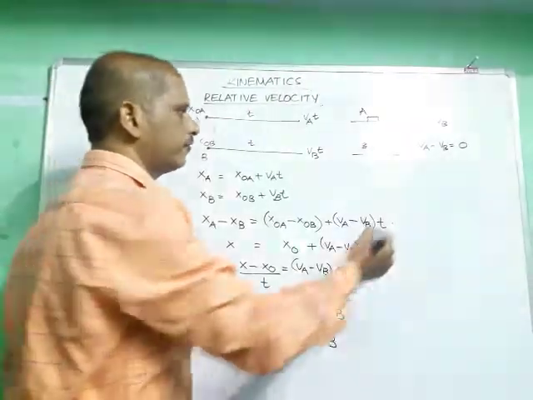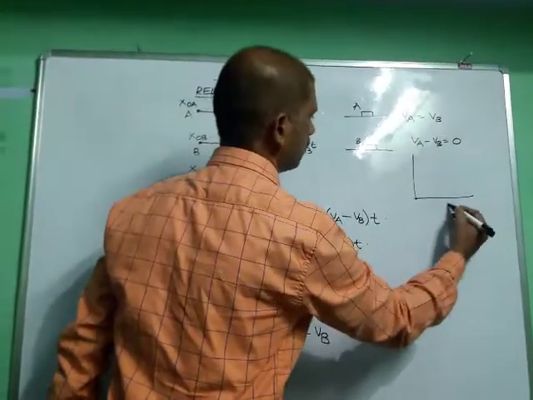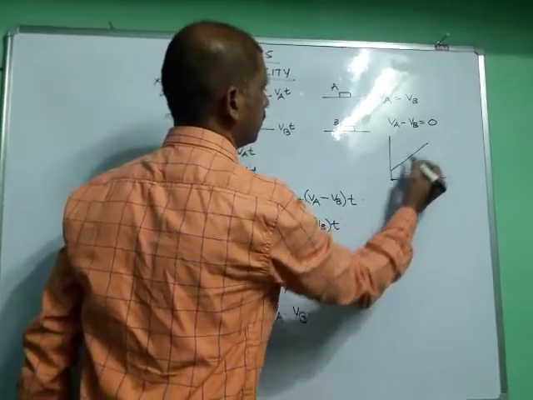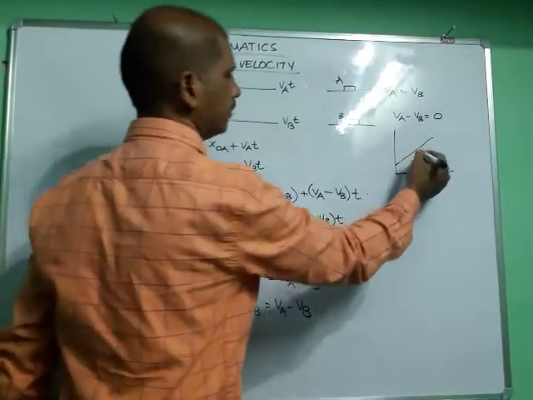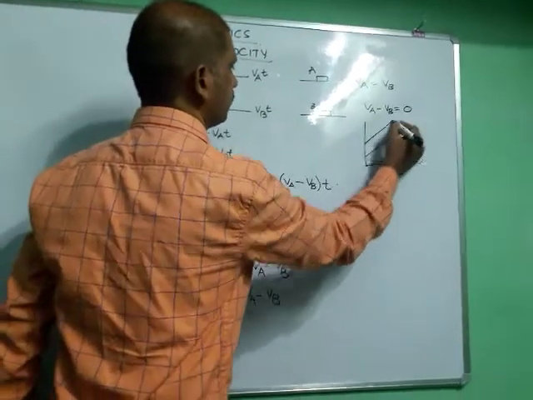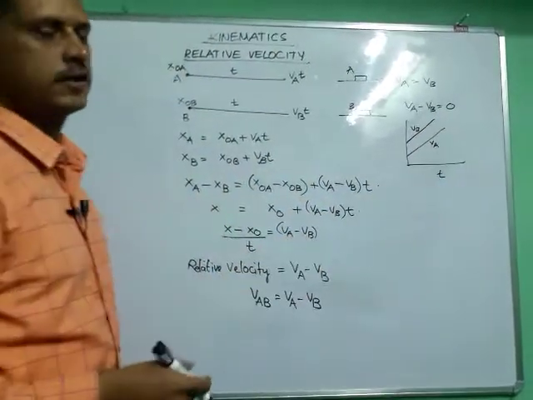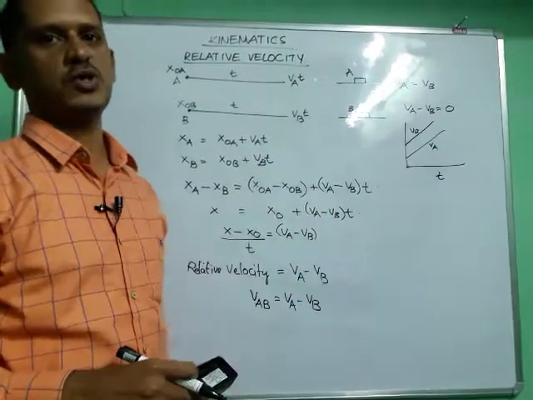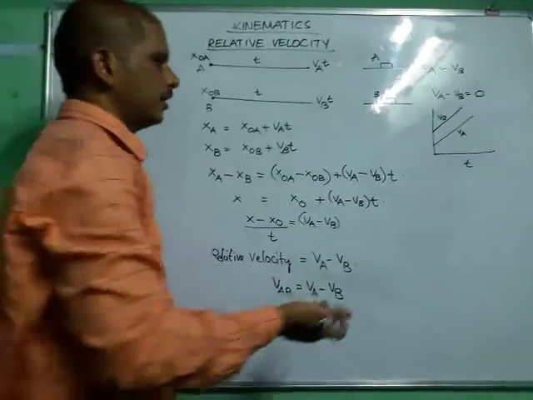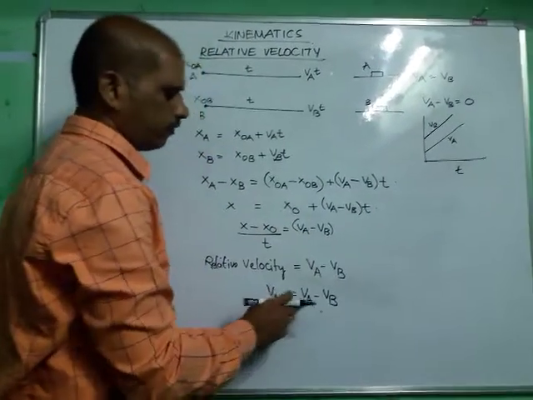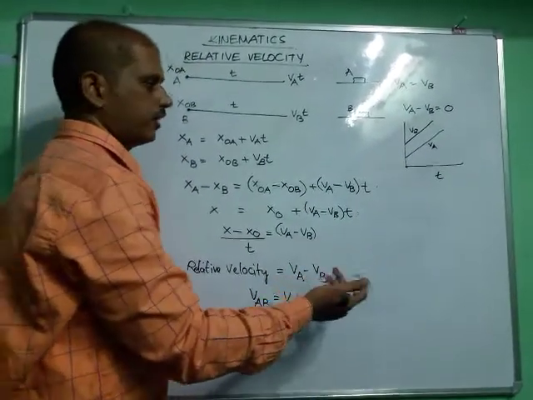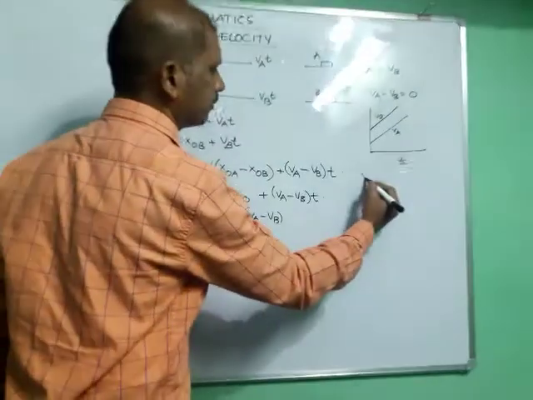If you consider the graph for this, this is the velocity of A, this is the velocity of B, both appear as straight lines parallel to each other, meaning the relative velocity is 0 here. Now consider the case where one velocity is greater than the other, for example VA greater than VB.